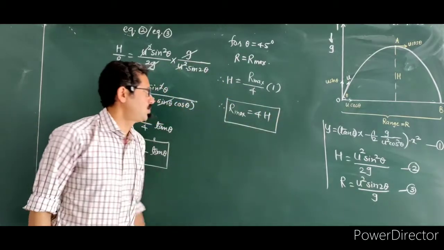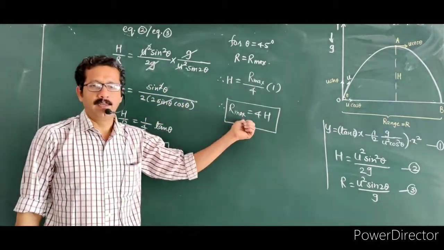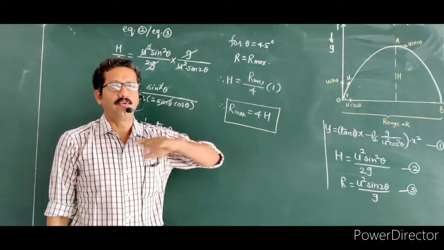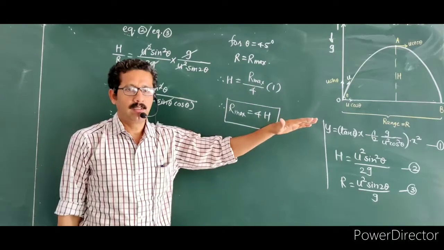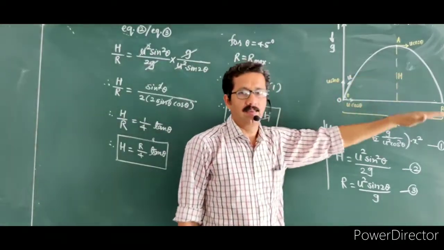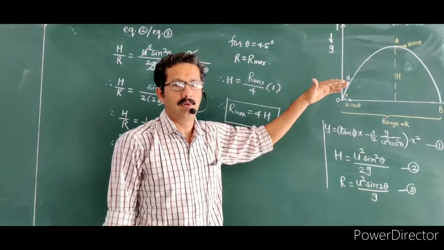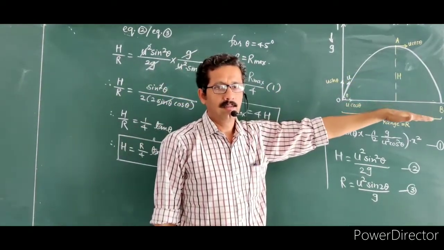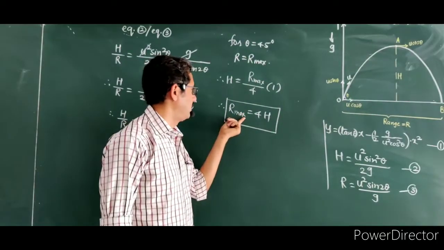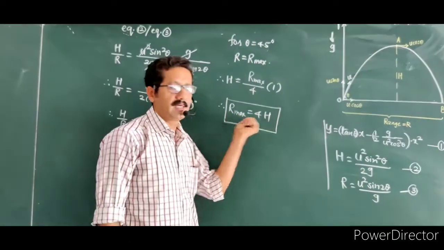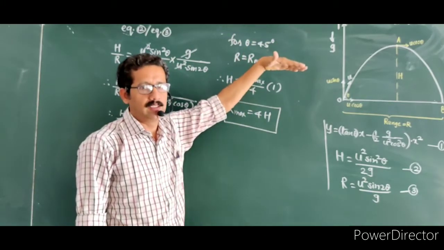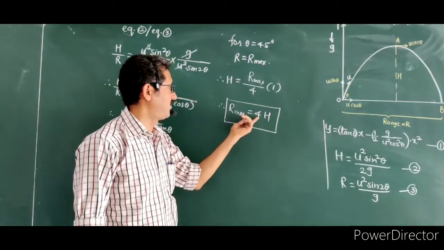So this happens to be a very important relationship. Whenever a projectile is thrown for the maximum range, if the problem says that the maximum range is equal to 100 meter, it is obvious that the height has to be equal to 100 divided by 4, that is 25. The maximum vertical distance that it would reach is 25.